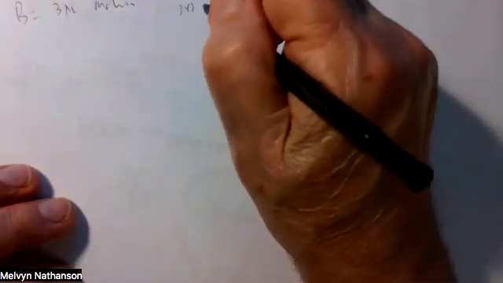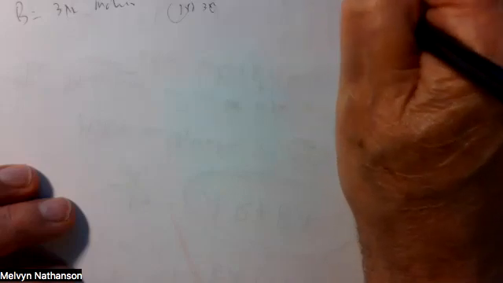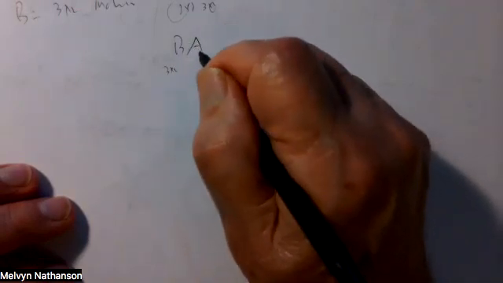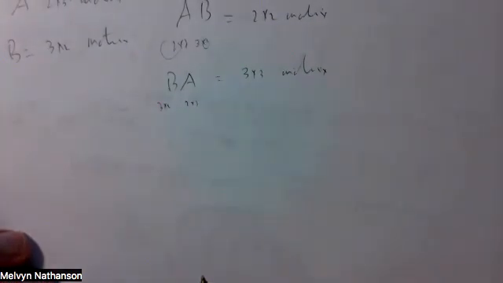Then A times B, 2 by 3 times 3 by 2, is going to be a 2 by 2 matrix. But if you take BA, B is 3 by 2 and A is 2 by 3, this will be a 3 by 3 matrix. So AB and BA are both defined, but they have completely different shapes.